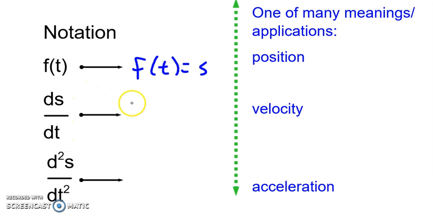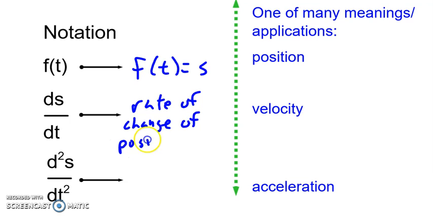ds dt is the rate of change of the position with respect to t. Okay, so WRT stands for with respect to t.